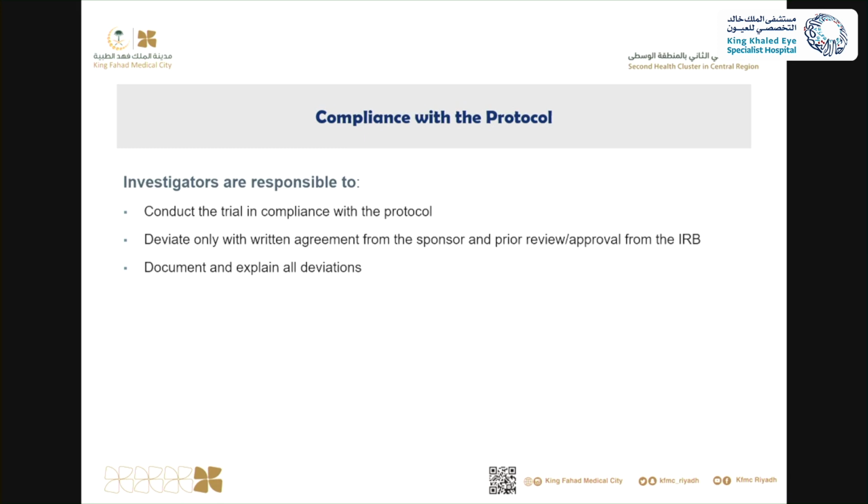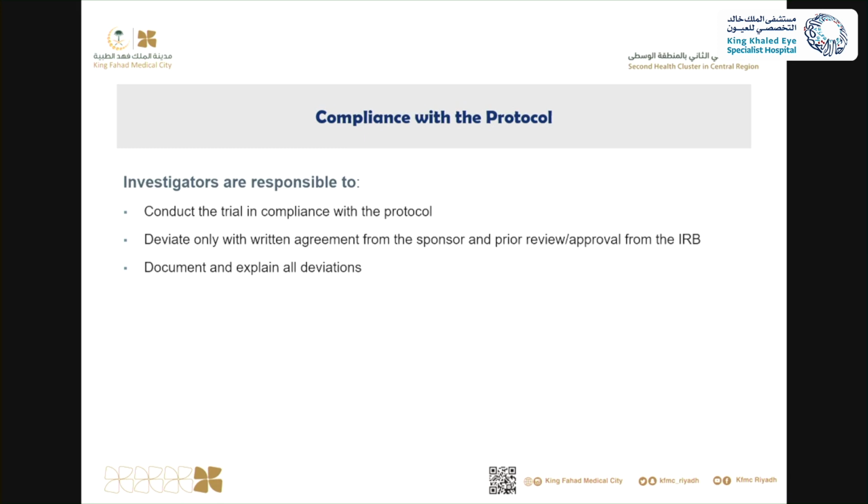And in case of any deviation or violation, you have to be transparent and maintain integrity in the conduct of clinical research. You have to document this if there is any deviation or violation. The IRBs everywhere have special forms, called deviation and violation. You have to report this to the IRB.